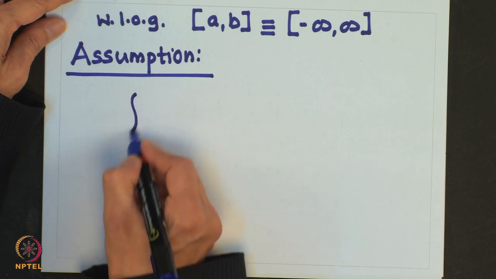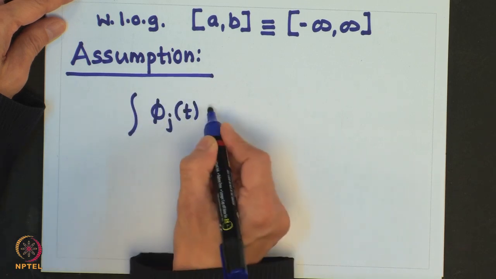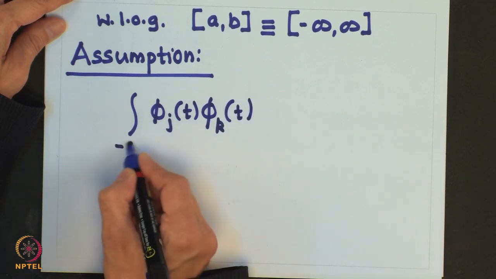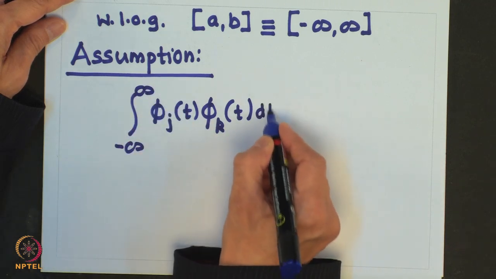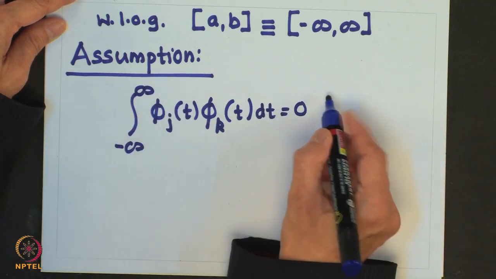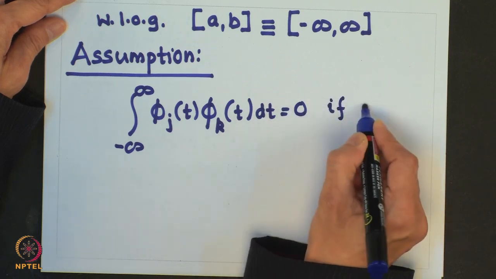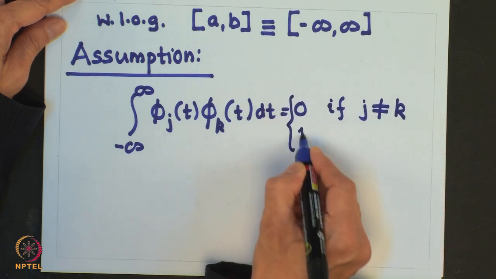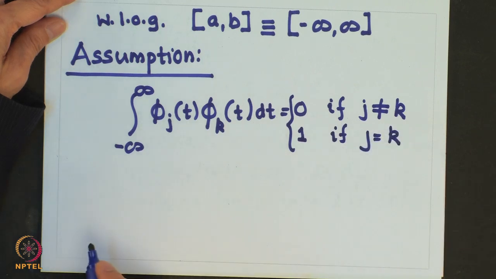We have phi j(t) and phi k(t); the integral of this product is equal to 0 if j is not equal to k, and is equal to 1 if j is equal to k.